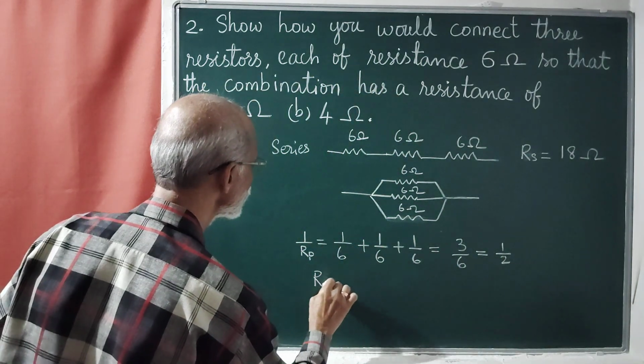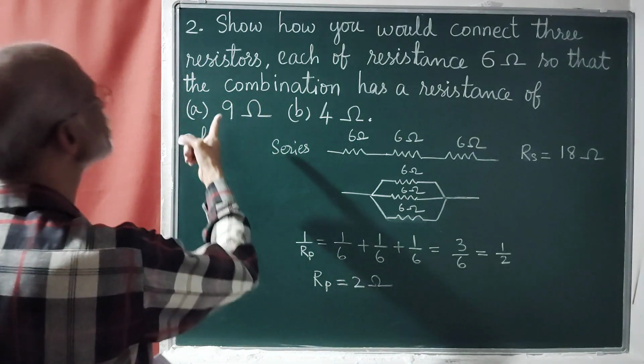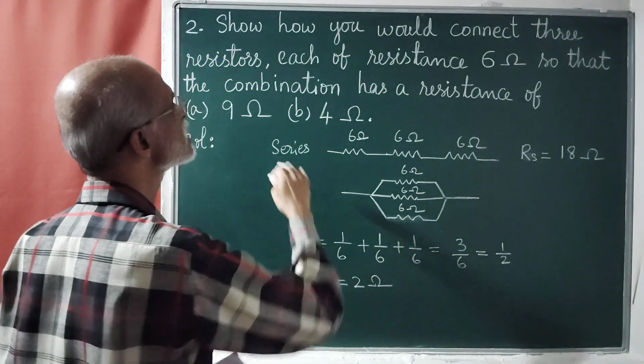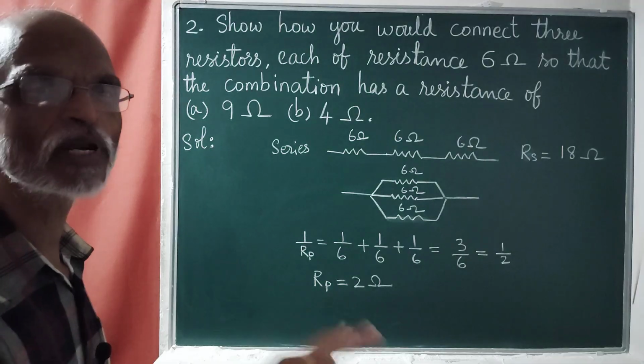So Rp will be equal to 2 ohms. But we want 9 and 4. So this also will not help us. So series and parallel will not help us. You have to go for combination.